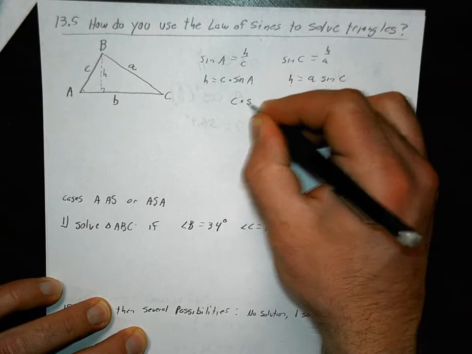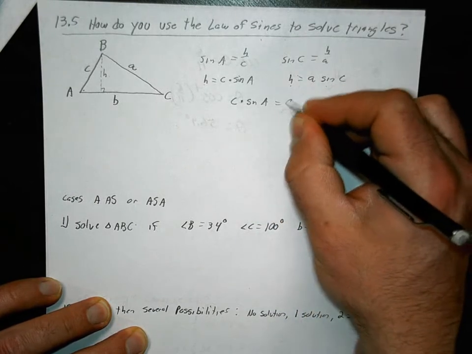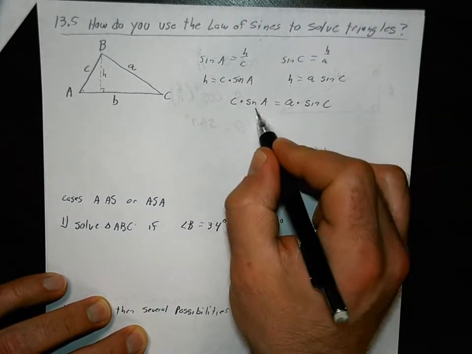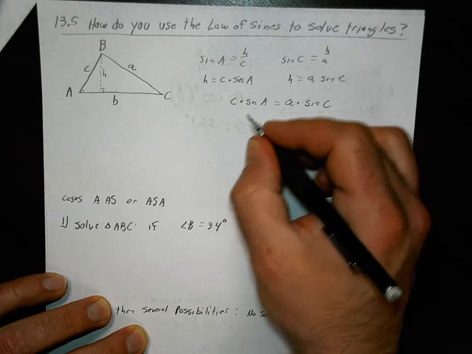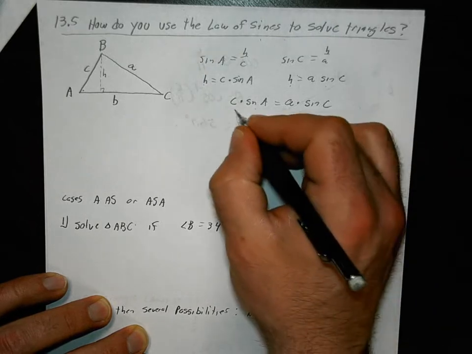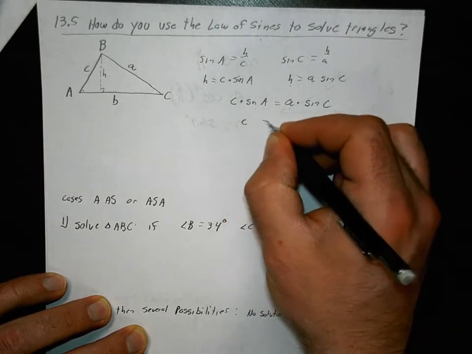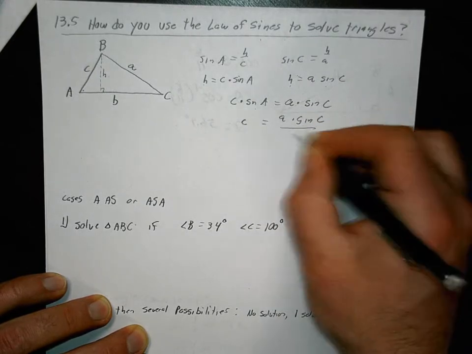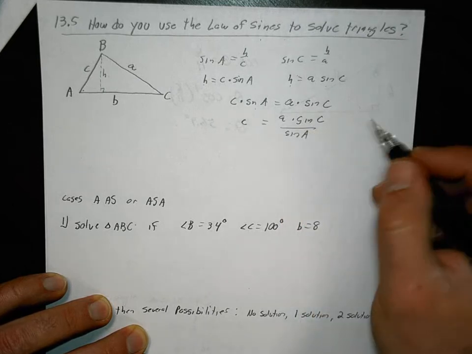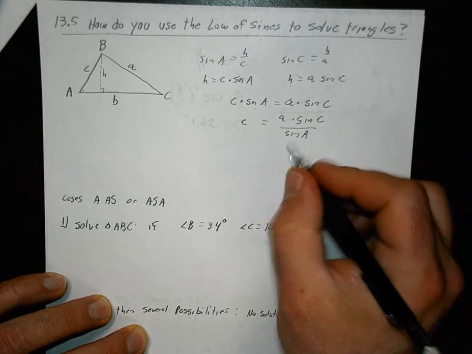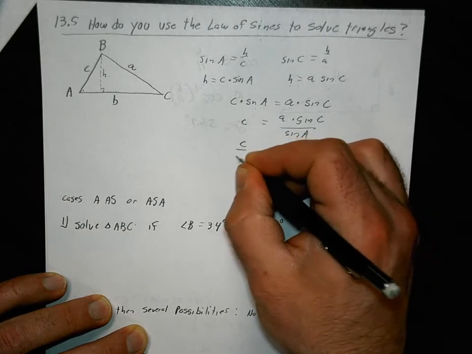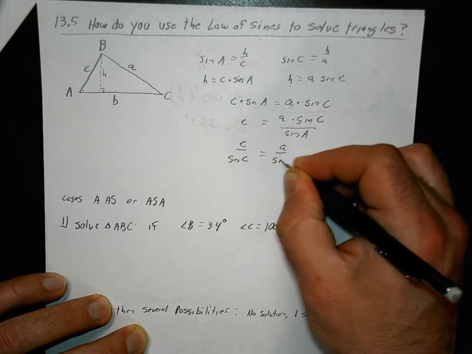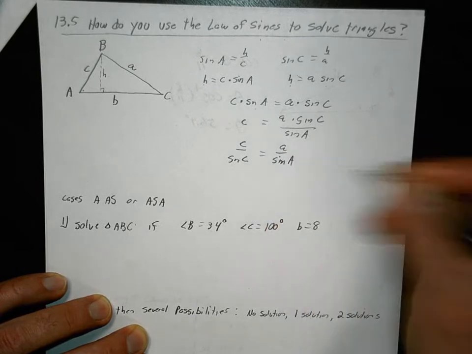So C times the sine of A is equal to A times the sine of C. Now if I divide both sides by the sine of A, I get C equals A times the sine of C over the sine of A. Then I can divide both sides by the sine of C, so C over the sine of C equals A over the sine of A.